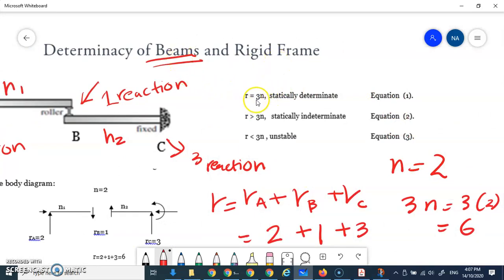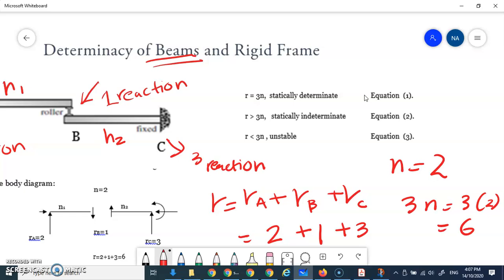Okay, so R is equal 3N for statically determinate. R greater than 3N is statically indeterminate, and R less than 3N is unstable. So these three equations are important in order to determine the determinacy of beam and rigid frame.